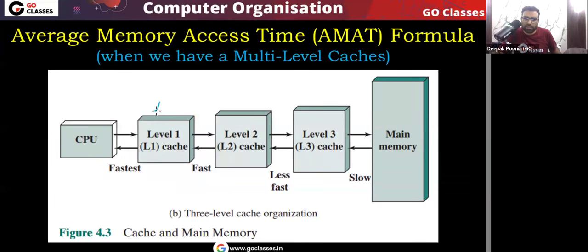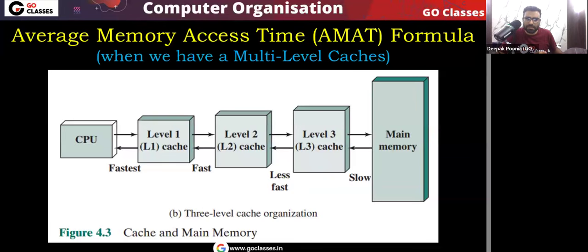If we assume three levels of cache memory, they will be called L1 cache, L2 cache, L3 cache. And I told you that the size of these cache memories will increase from L1 to L3, and the speed will decrease from L1 to L3. Very simple. So let's discuss what will be the average memory access time formula when we have multi-level caches.